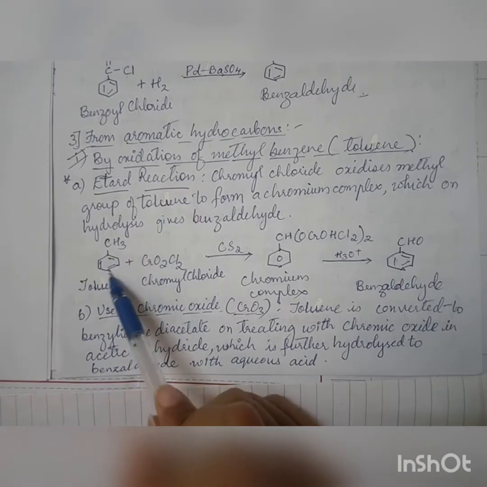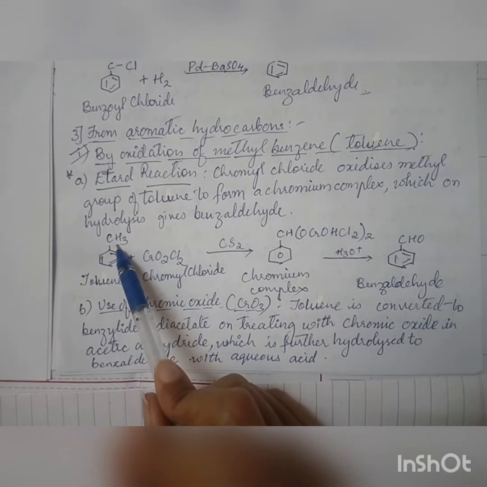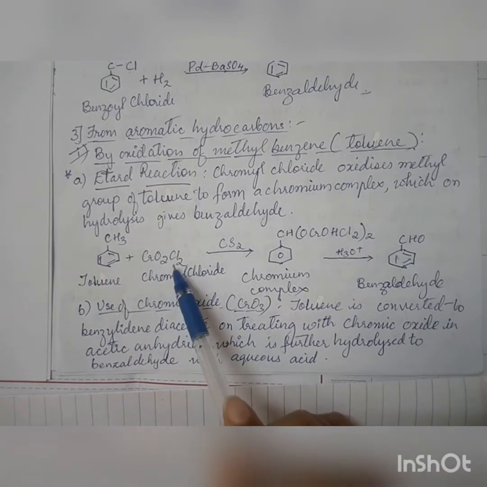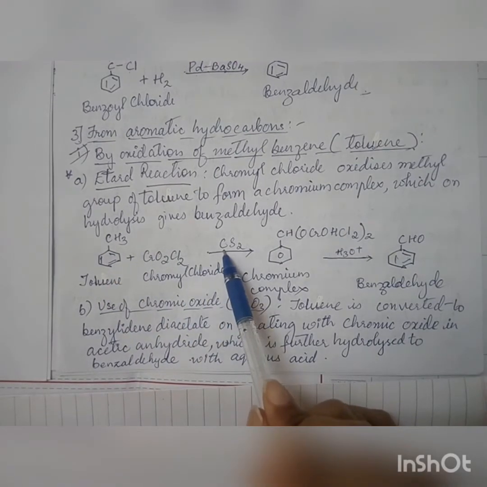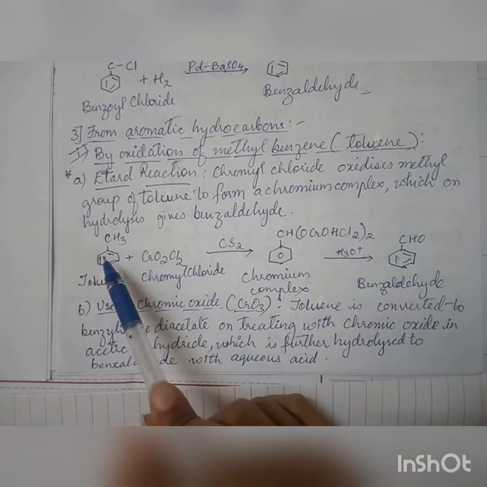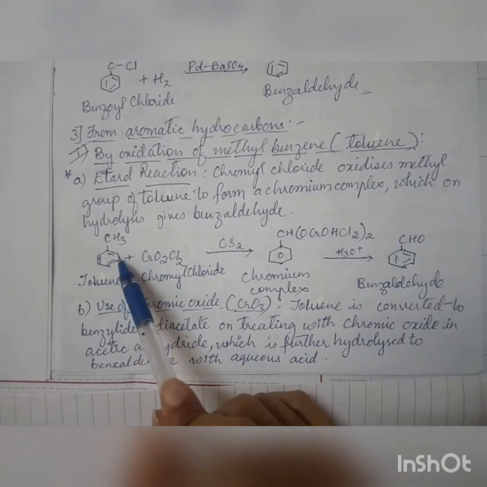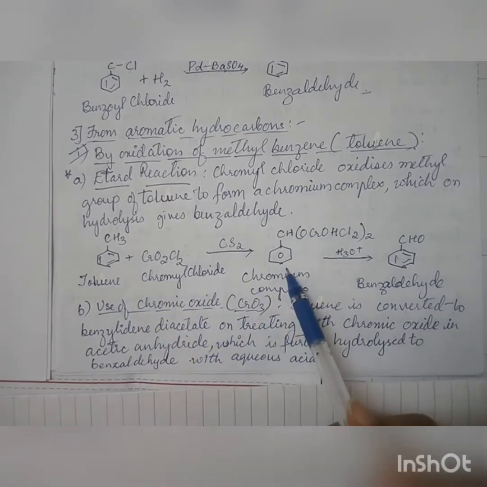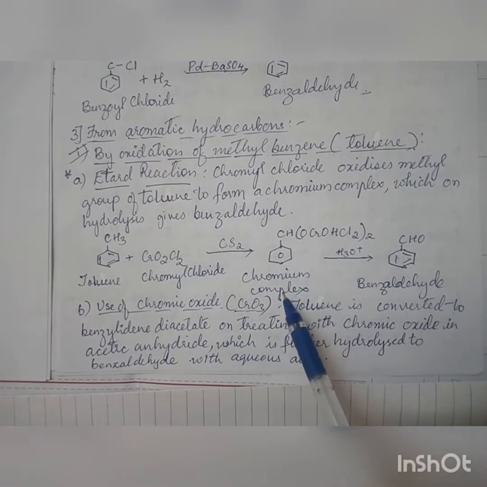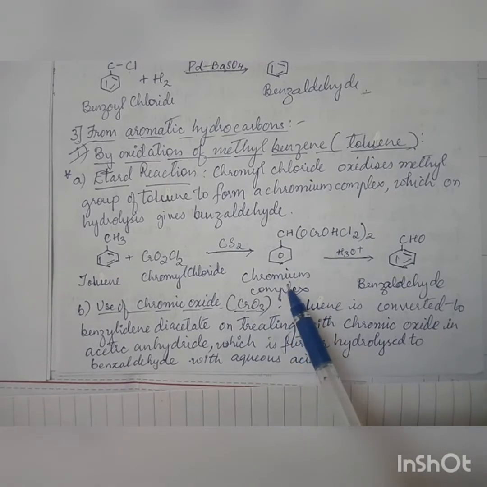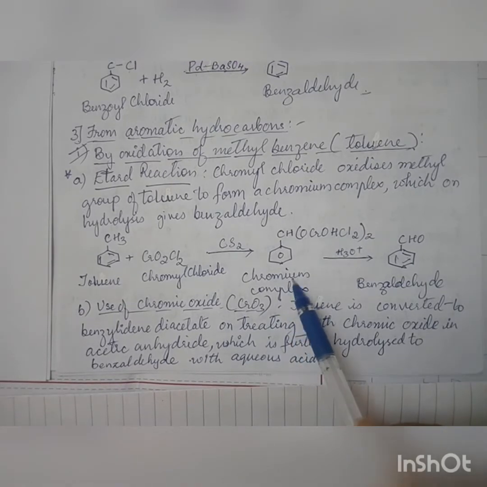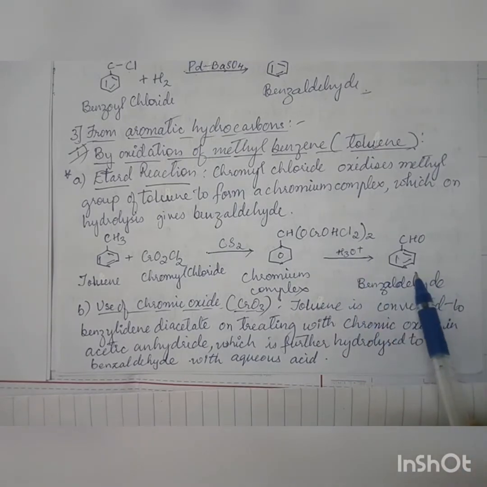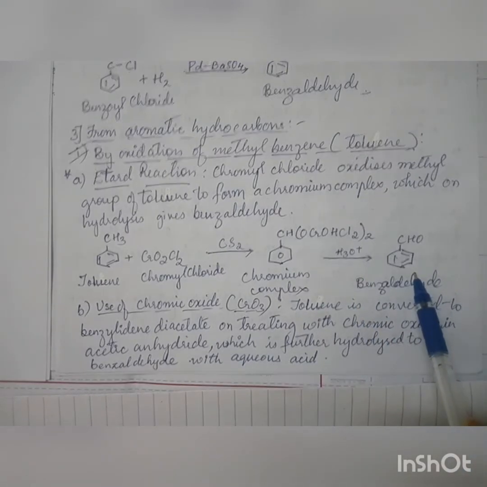Toluene is C6H5CH3 or methyl benzene. When we take chromyl chloride in carbon disulfide and treat it with toluene, they react and lead to the formation of a chromium complex. After the chromium complex is formed, it undergoes hydrolysis and leads to the formation of benzaldehyde.